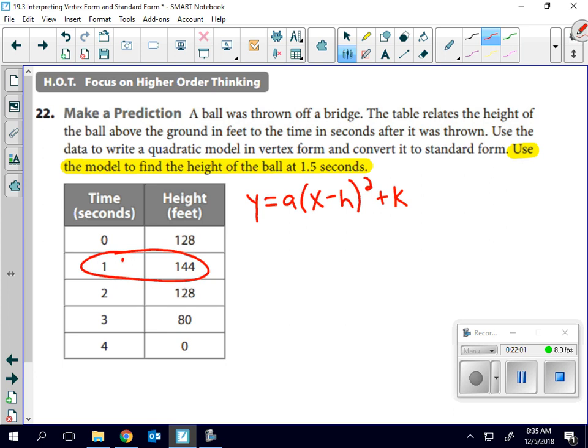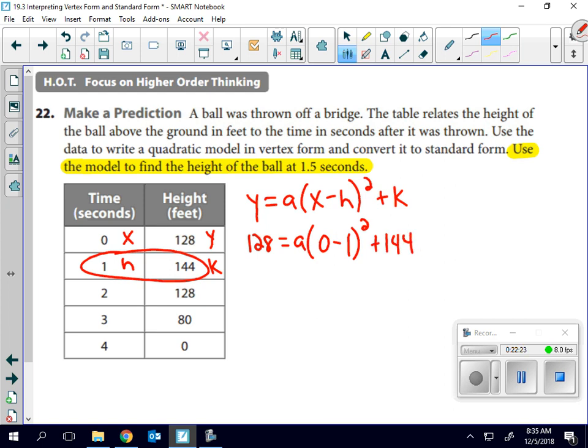This is my h, this is my k, and I'm going to plug in this for x and y. So I have 128 equals a times 0 minus 1 squared plus 144.